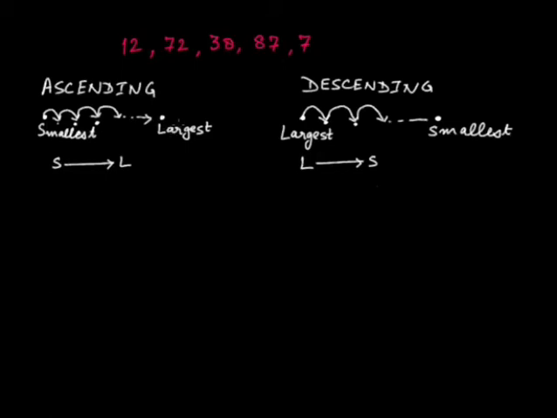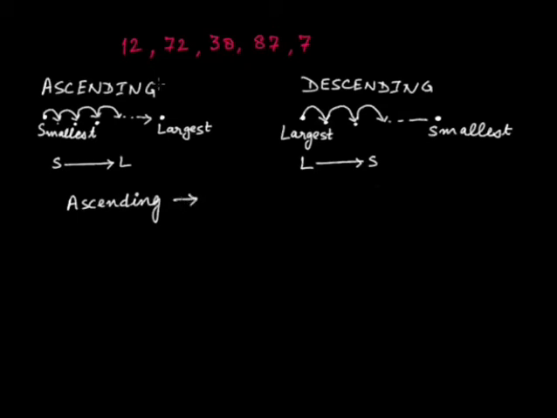you'll have to first find out the smallest number and then you'll have to find out the largest number. So for the ascending order, first find out the smallest number.